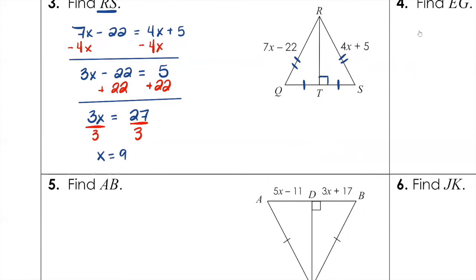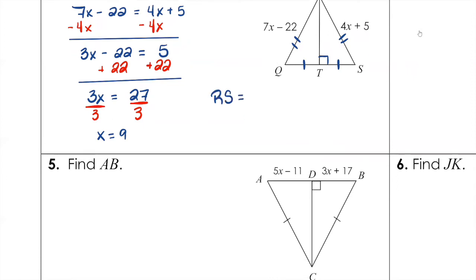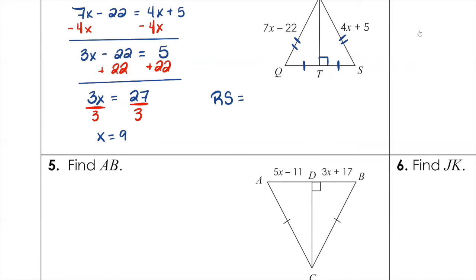But we are not finished because it doesn't want to know what x is. It wants to know the value of RS. RS equals 4x plus 5, so we've got to take the value we found for x and substitute it into the length of RS.